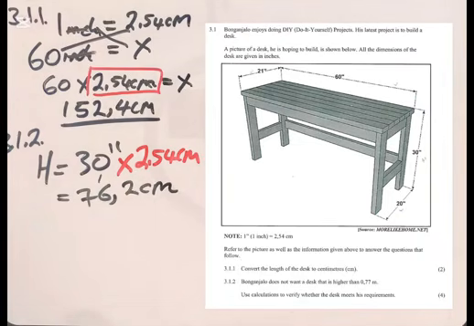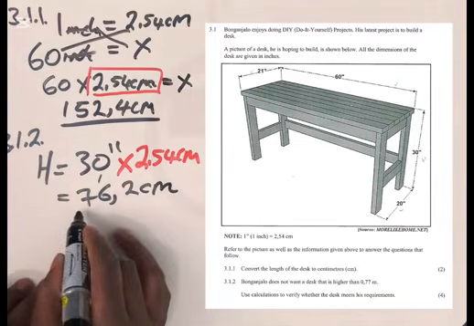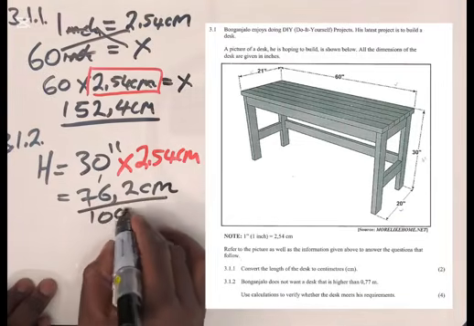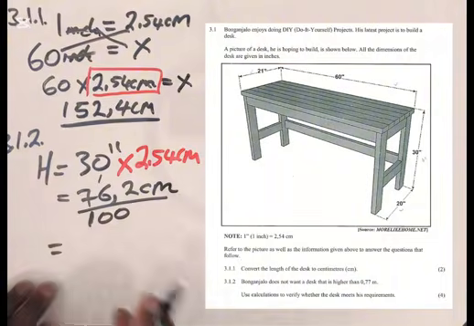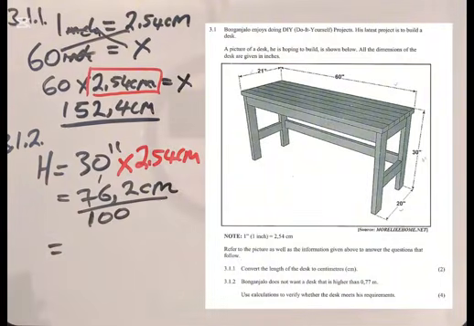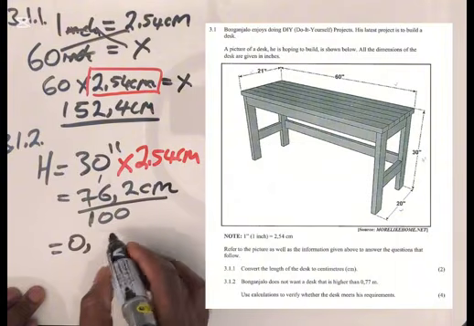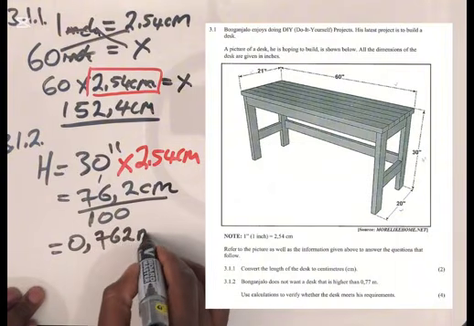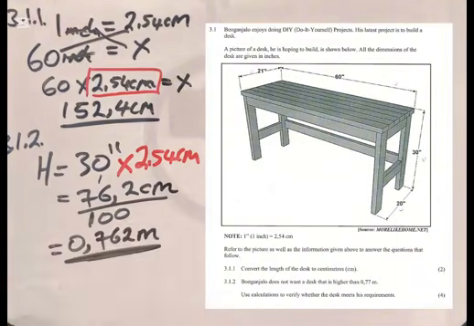How do you convert this to meters? What is the relationship between centimeters and meters? It is 100, meaning you are going to divide by 100. Why do we divide by 100? Because we are converting to meters. We found that it is 0.762 meters. 30 inches is the same as 0.762 meters, and he requires something less than 0.77.